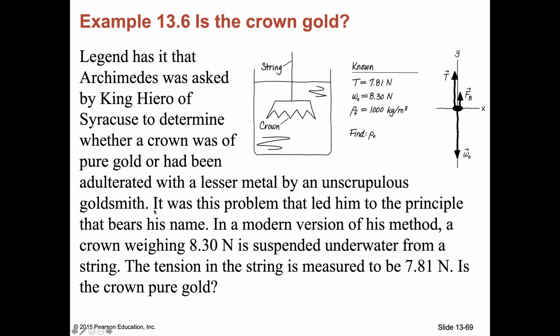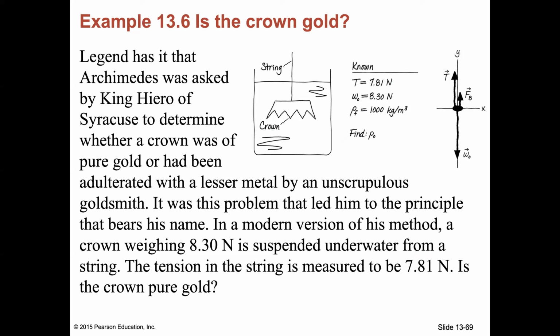So it's complicated because imagine now it's a crown. It's a complicated shape. If it's, let's say, a cube or a regular shape for a piece of gold or metal, it's easier to determine if it's pure gold or not, based on the size and the weight. Then you can calculate the density.